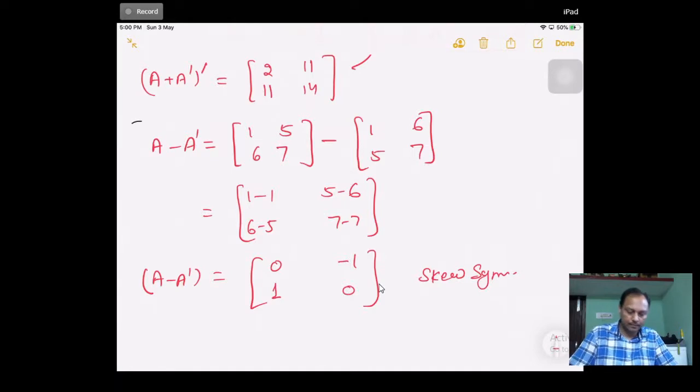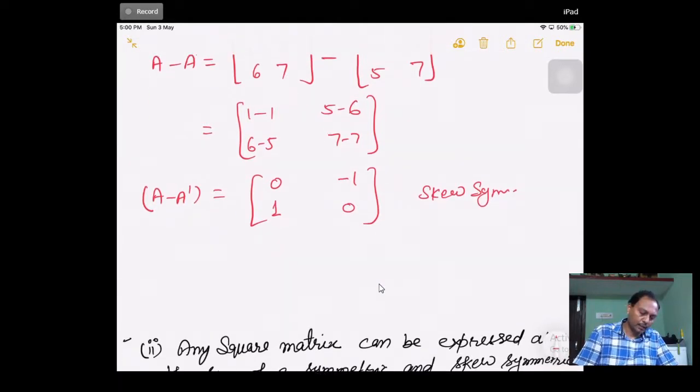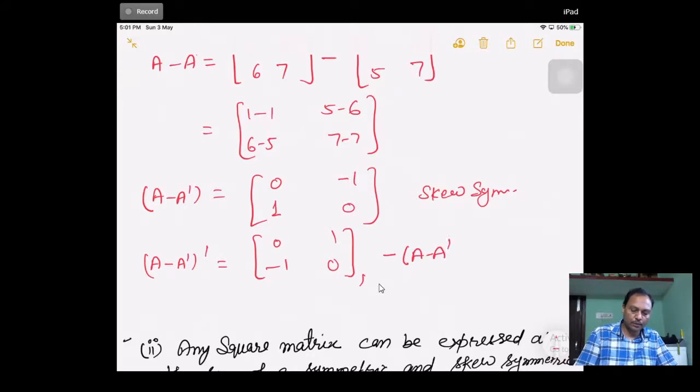We can check: if we take the transpose of this matrix, then we get 0, minus 1, 1, 0. And if we multiply this matrix by minus 1, then we get the same matrix.